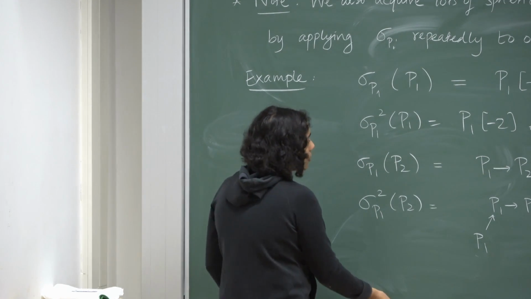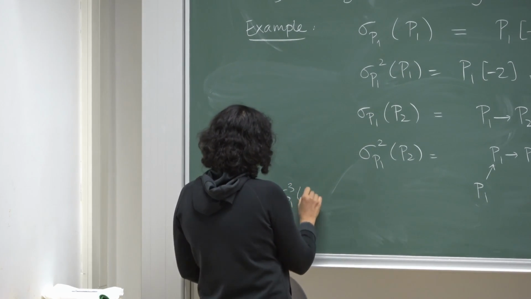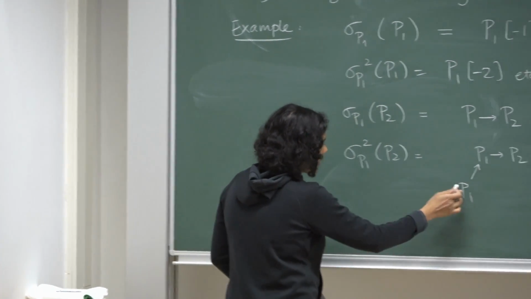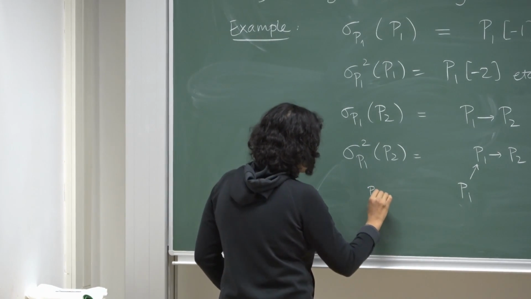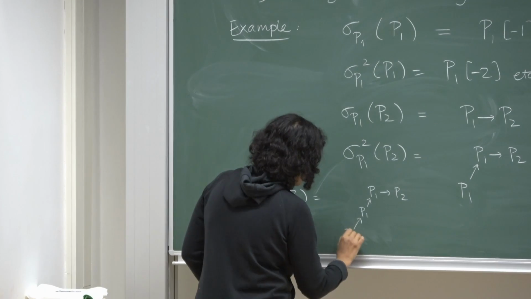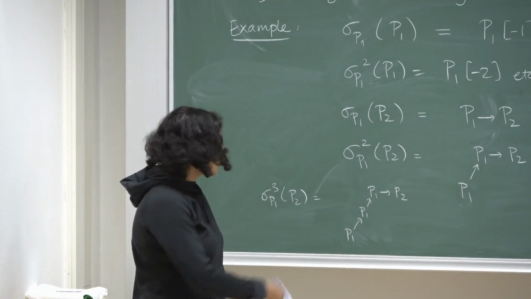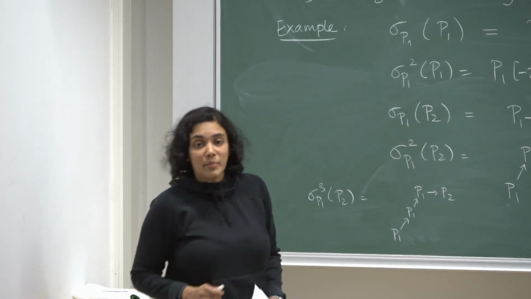And now if I iterate this again, I'll attach another copy of P1 down here. And you might imagine what happens as I keep iterating. I'll get more and more copies of P1. Yes? So what you're saying is essentially as you keep iterating, you get more complex diagrams.